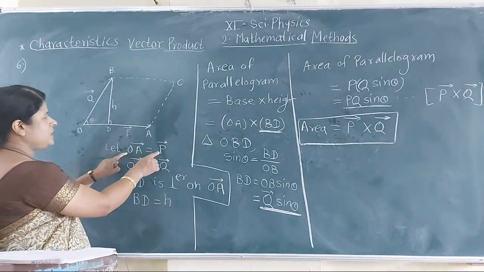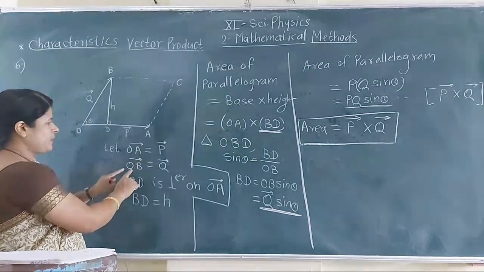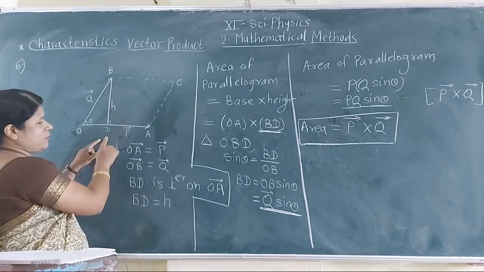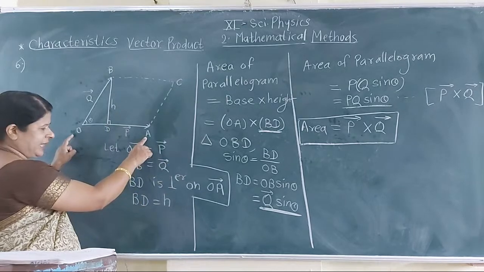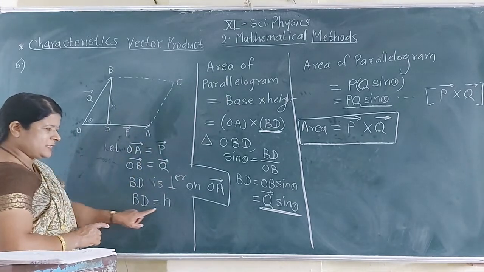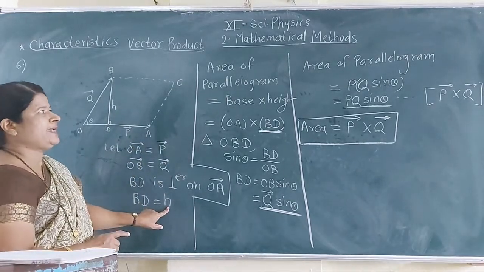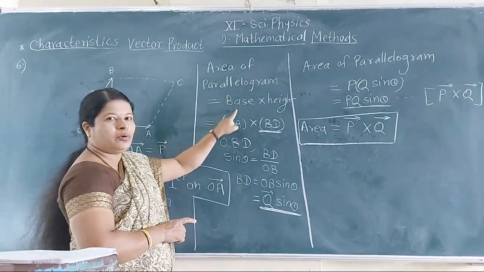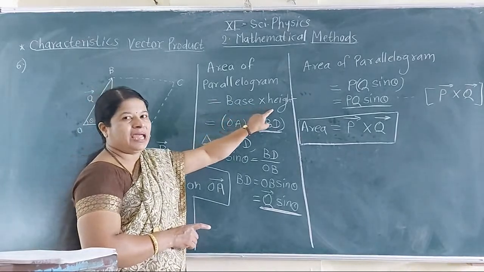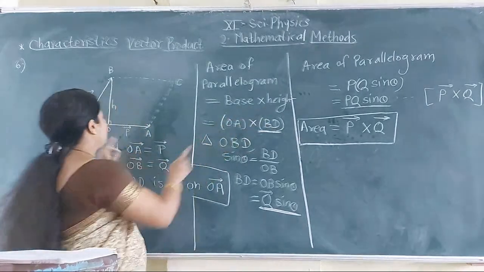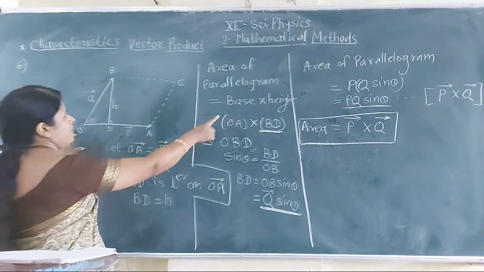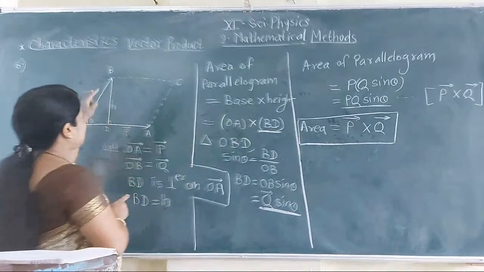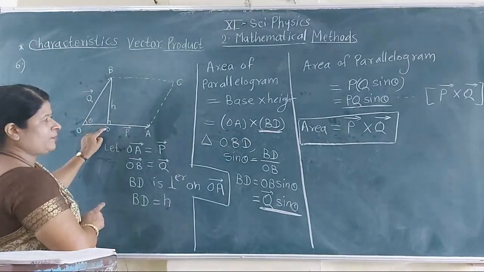Side OA represents vector P, OB represents vector Q, BD is perpendicular on vector OA, and we get BD equal to height H. Now area of parallelogram is equal to base multiplied by height. So from this parallelogram, base means side OA, and height means side BD.